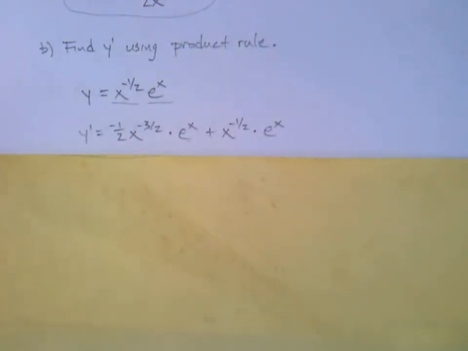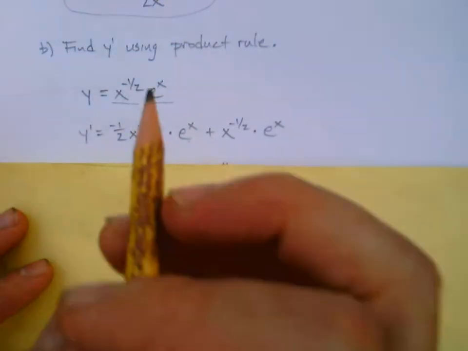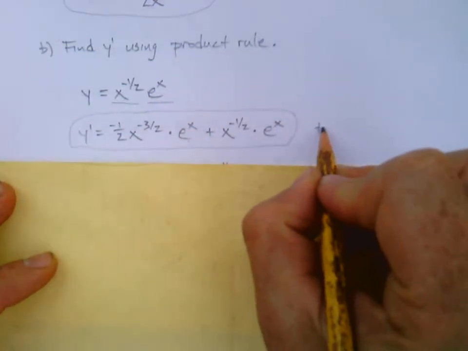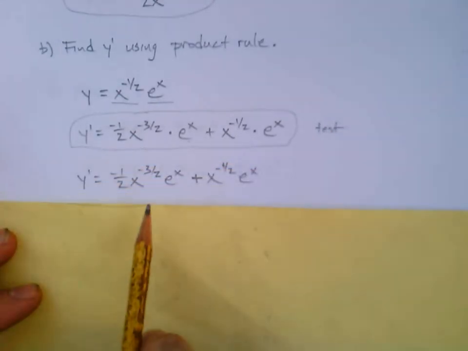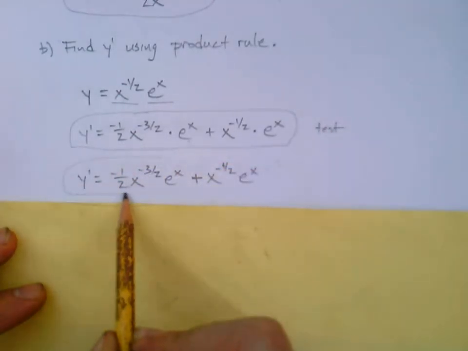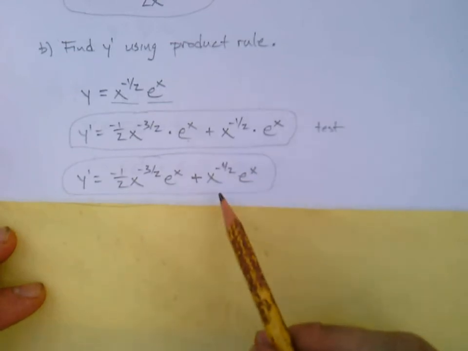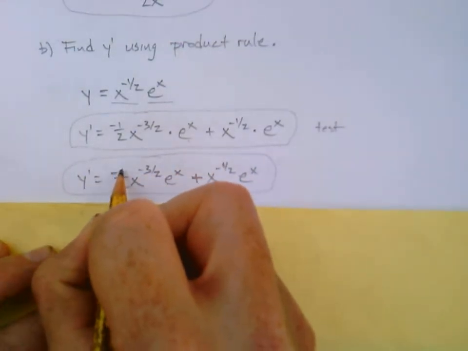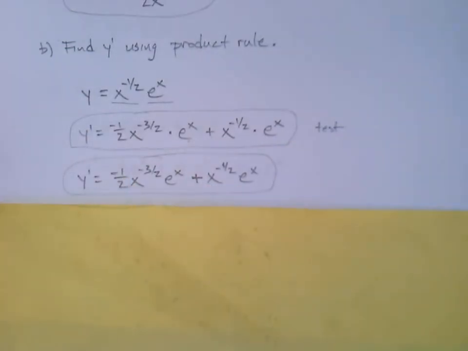Well, that's the same in this case, e to the x. And if this was on a test, you could stop right there. Maybe you prefer to remove those dots as your final answer. I don't know.